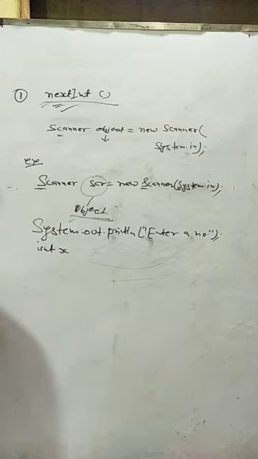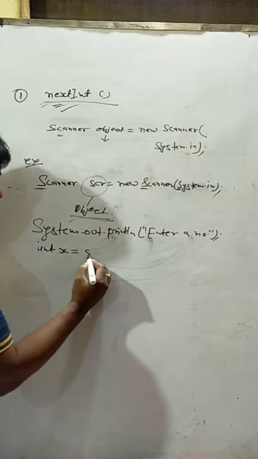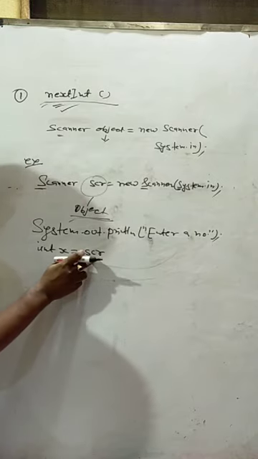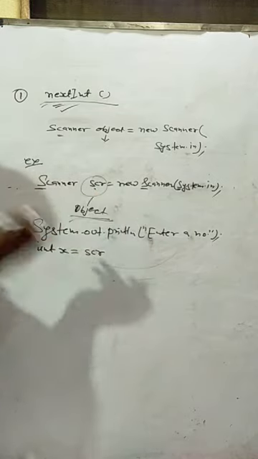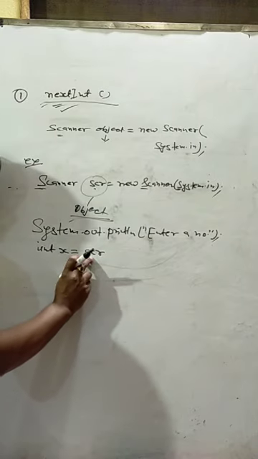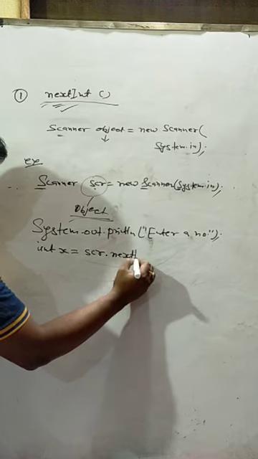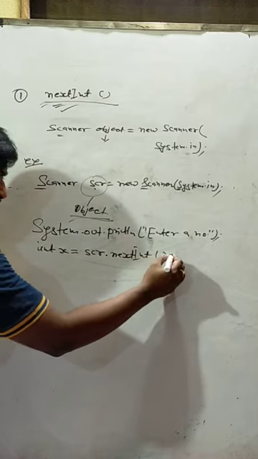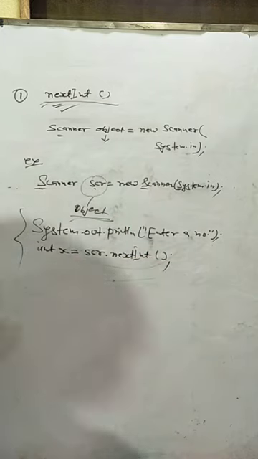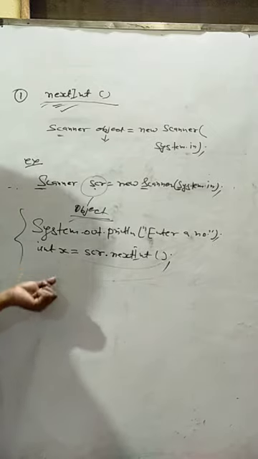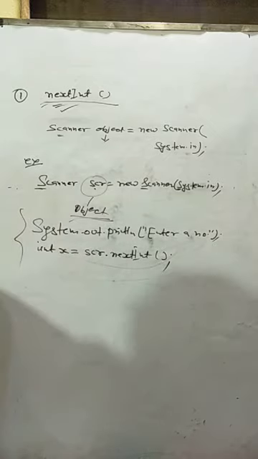That integer variable is x. int x = scr.nextInt(). Here scr is the object of the scanner class, then dot, then the function name nextInt. In this way we will input and store an integer value.